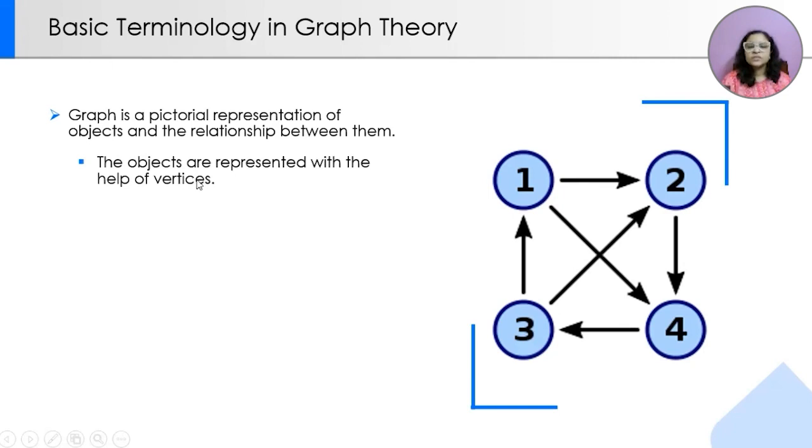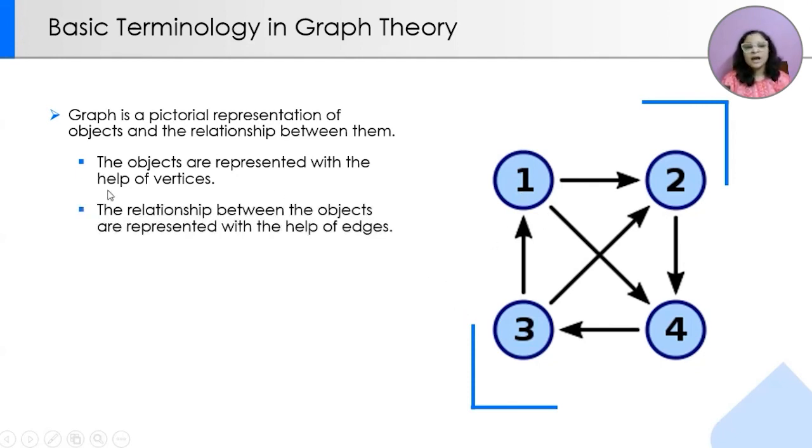So how are these objects represented? The objects are represented with the help of vertices. As you can see in the image, the numbers 1, 2, 3, and 4 are written in circles. These circles are objects which are represented through vertices. We call them vertices. You can also call them nodes. And the relationship between the objects are represented with the help of edges.